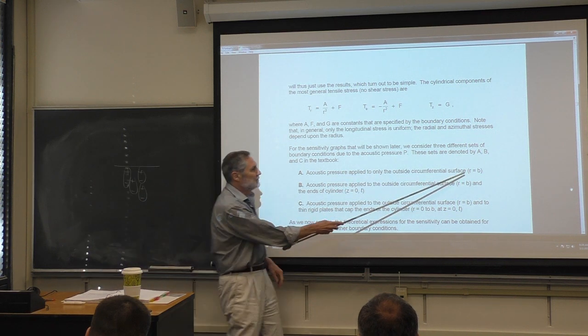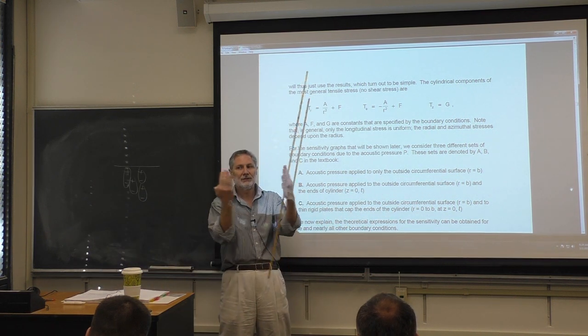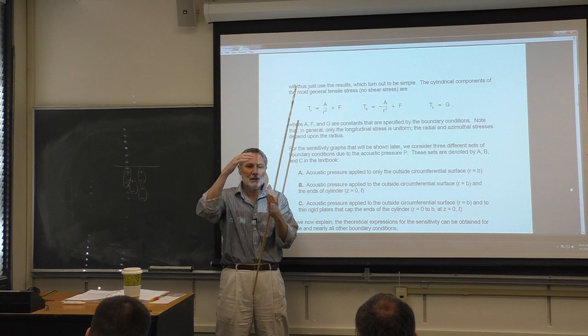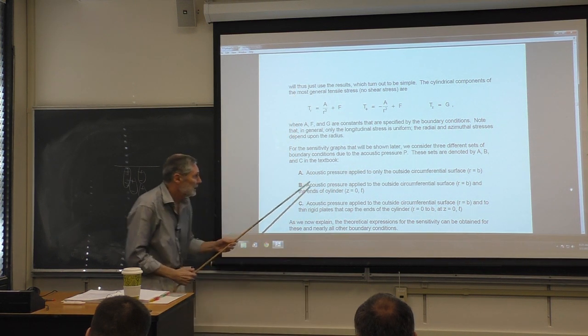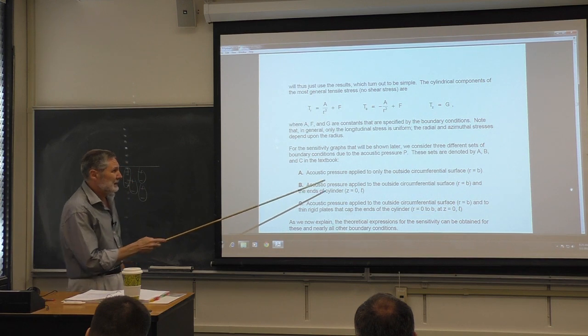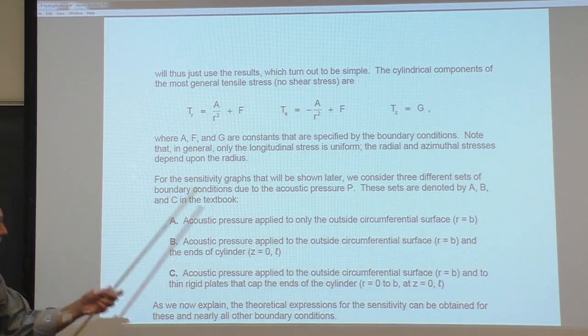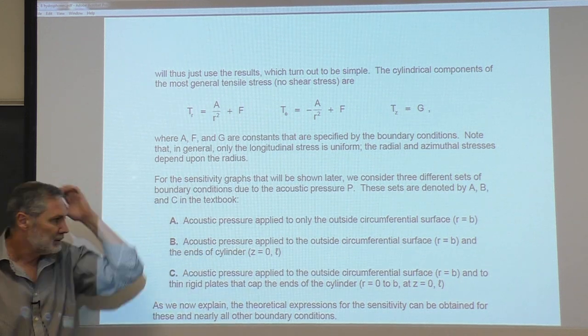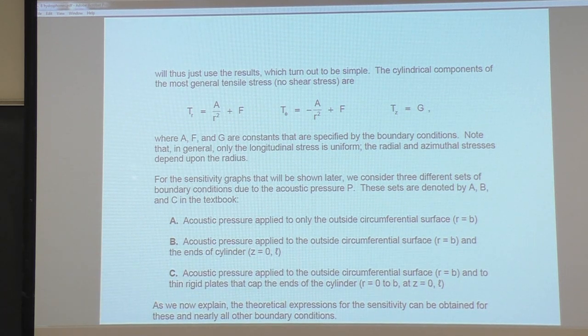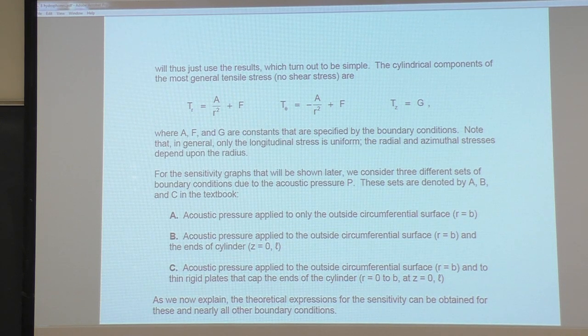So only the outside cylindrical surface is exposed to the sound wave. Not the inside and not the ends. Okay, that's case A. Case B is the outside and the ends of the cylinder, at Z equal to 0 and L, but not the inner. Case C is similar to B, except there are end caps.